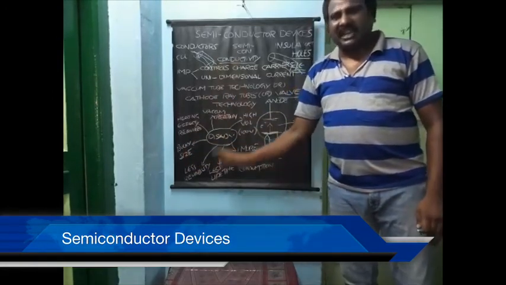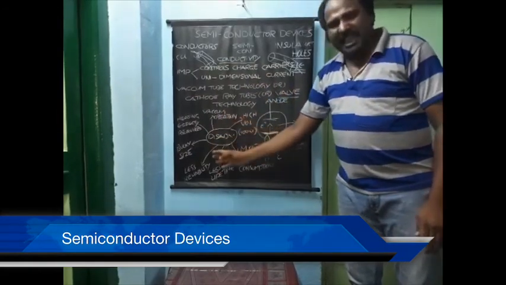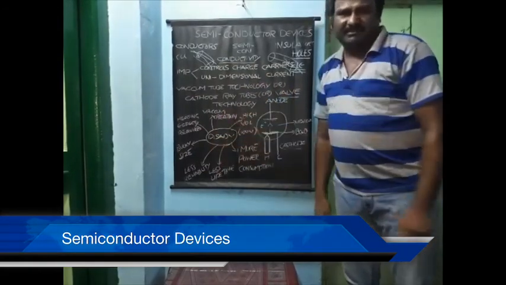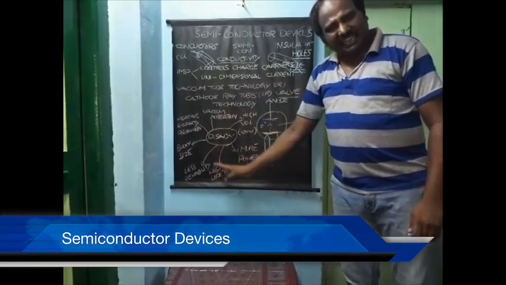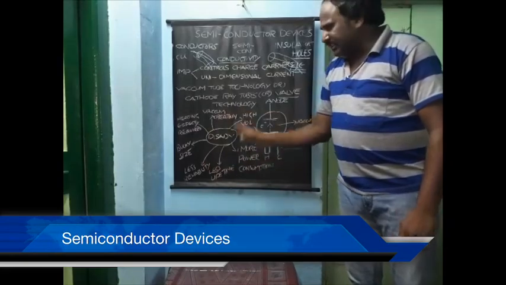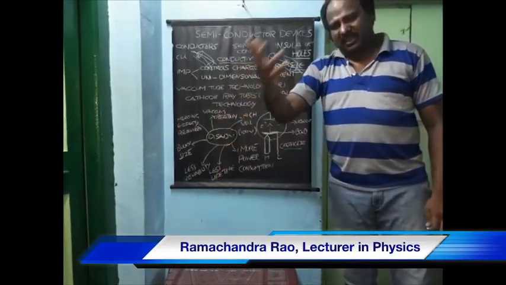Even though the current flows, there are still some drawbacks: bigger size, more power consumption, less reliability, less lifetime. Hence, this vacuum technology was converted into semiconductor technology.